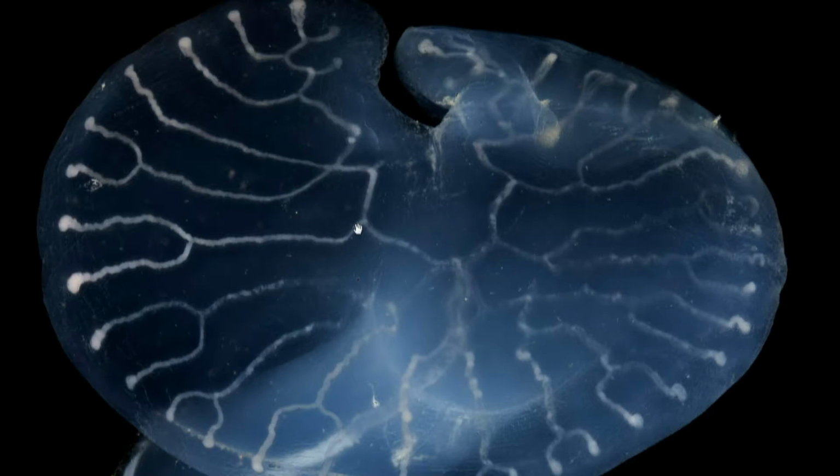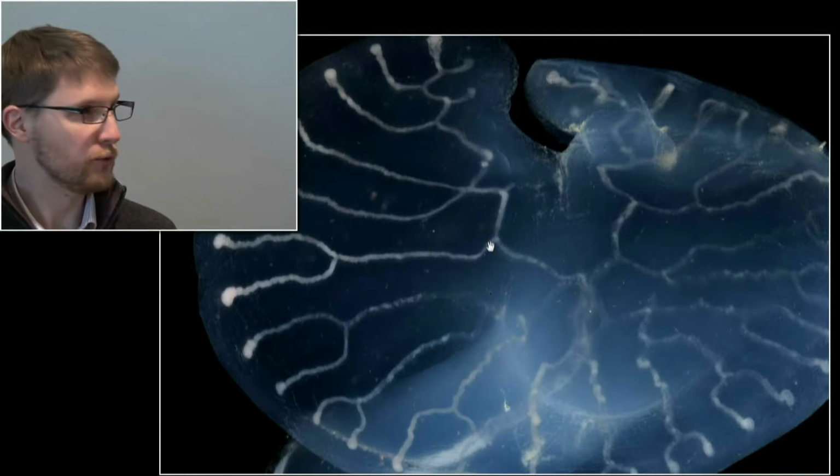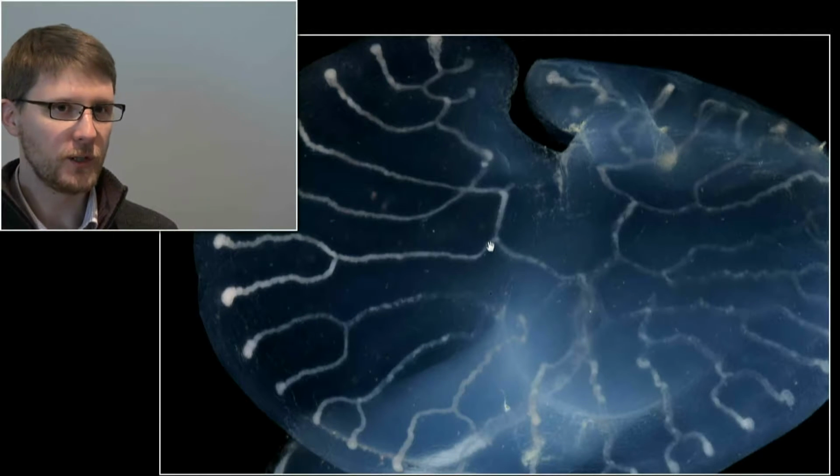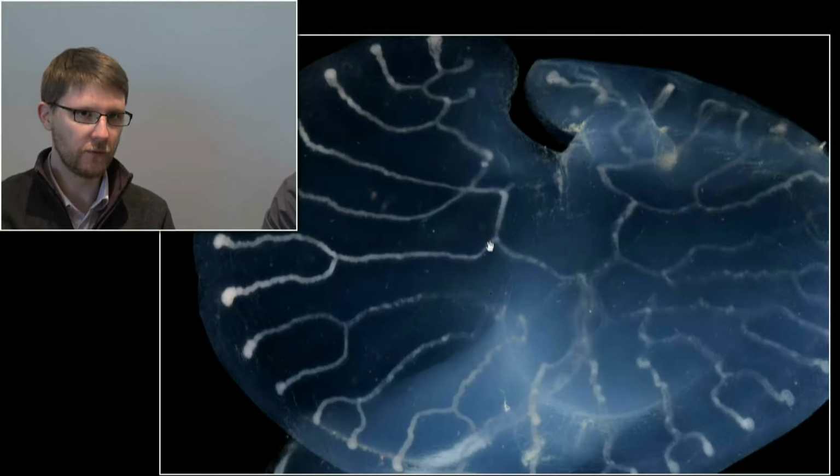This was about 20 or 30 years ago. Some scientists were exploring the deep sea around Tasmania, and they found these really strange rubbery mushroom things. Can you zoom out a little again, Ken, to give us the full shape of the thing?